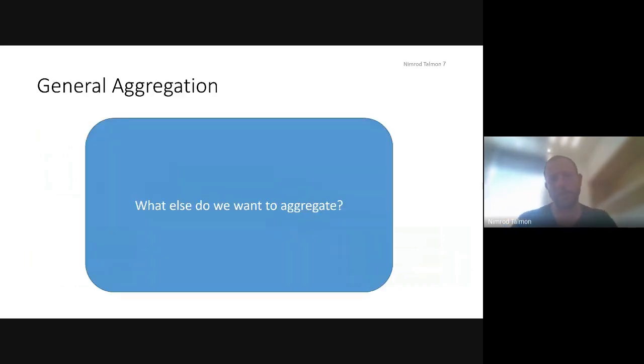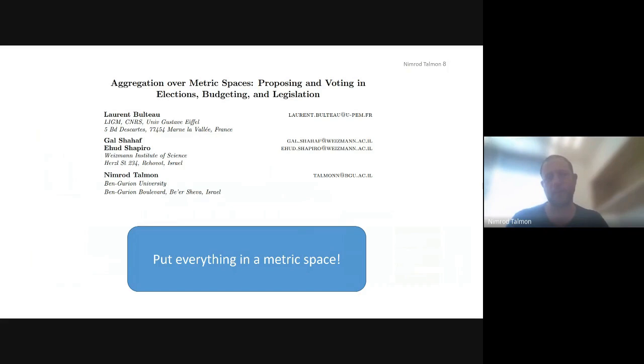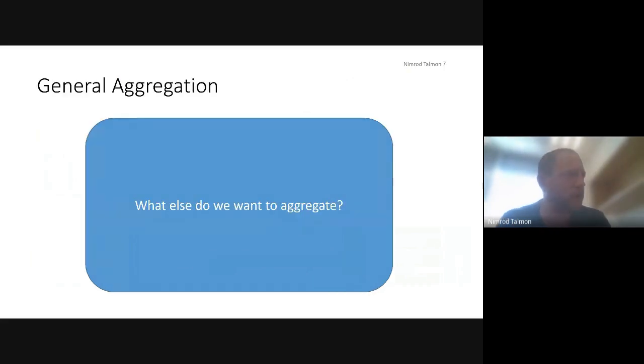But there are other types of decisions, and maybe the first question is, what else do we want to aggregate, or what else should we develop aggregation methods for?